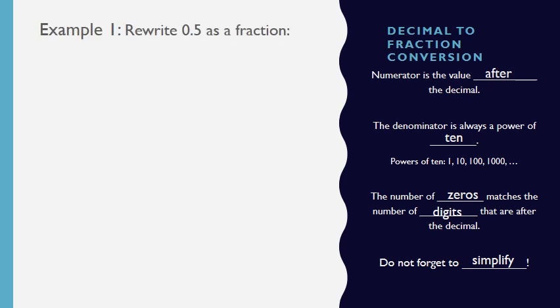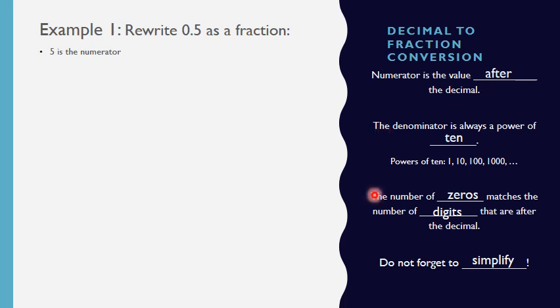So let's give this a try. Example 1, rewrite 0.5 as a fraction. Well, our numerator is always the value after the decimal. Here, our value after the decimal is 5. So 5 is the numerator. Here's the tricky part.